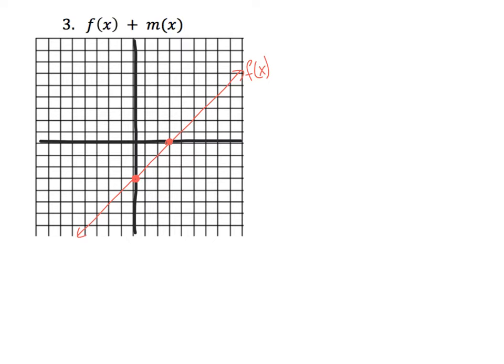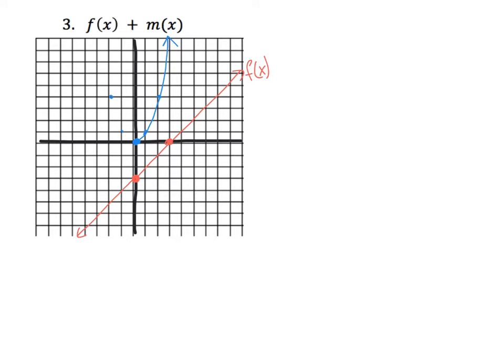And then let's do m of x next. I'm going to do that one in blue. So m of x is a nice handy-dandy parabola. So I'm just going to plot some points. It started at the origin, and then it crosses at (1, 1), just like your standard y equals x squared, and then (2, 4).